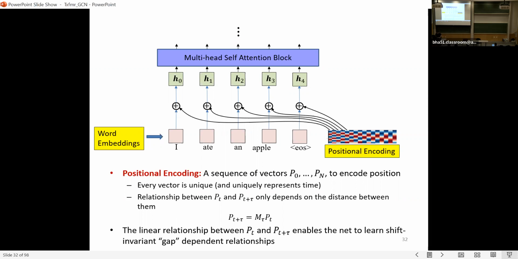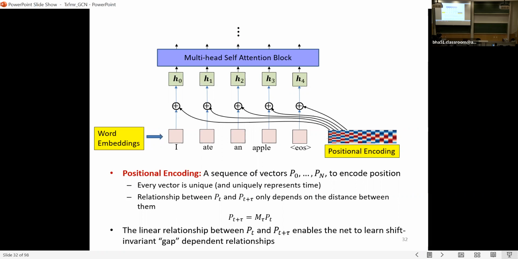By making sense, I mean that first of all, you want each positional vector to be different from the other ones. You don't want any kind of period. And second, you want the relationship between two different positional encodings to only depend on the distance between the two. So if you have P1, P2, P3, you want the relationship P1, P2 to be the same as the relationship P2, P3, and you want that to encode the notion of coming right after another word, essentially.